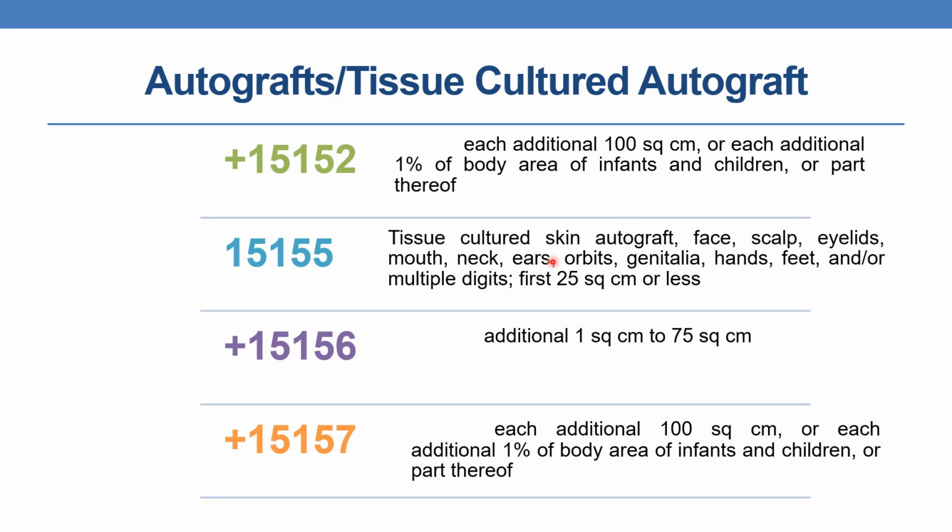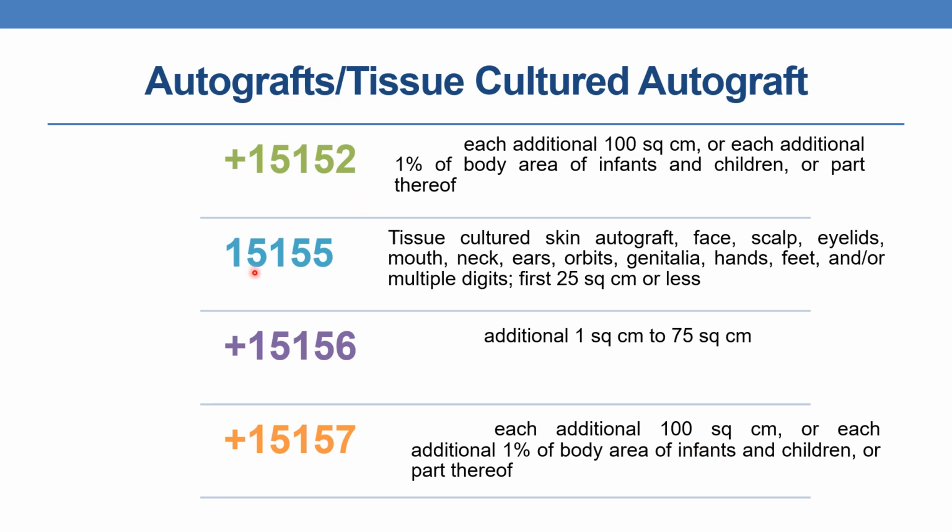One for the first 25 square centimeters or less. Another add-on code for additional 1 square centimeter to 75 square centimeters. That is, for the first 100 square centimeters there are 2 codes. And additionally 1 code for each additional 100 square centimeters and thereafter.